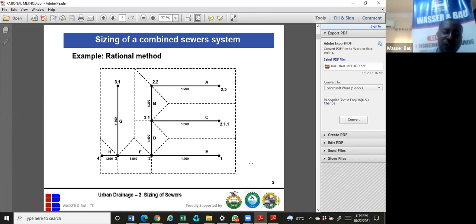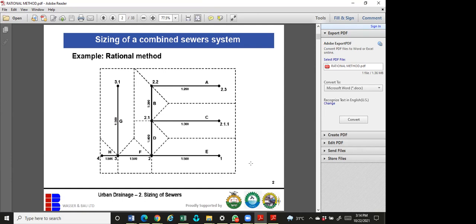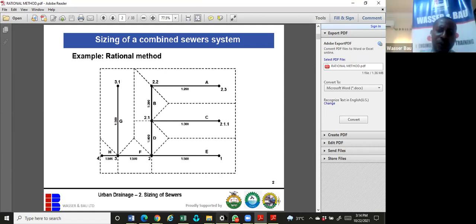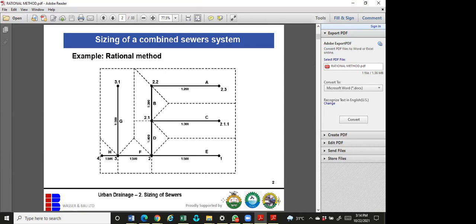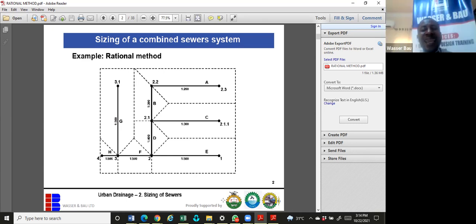And for you to get the impervious area, you have to multiply the peak runoff coefficient with the total area. That is how you get the paved area or the impervious area. And that is the area that is a point of interest for us, because that is the area that cannot allow water to infiltrate, to percolate, to deep percolate, or to evapotranspirate.